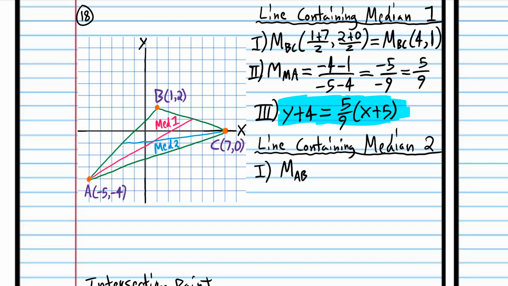So the midpoint of AB is 1 plus -5 over 2, and 2 plus -4 over 2. And that just equals, I guess I can put it down here. So the midpoint between AB is equal to -2 and -1.